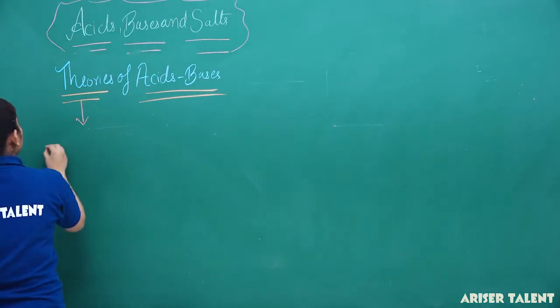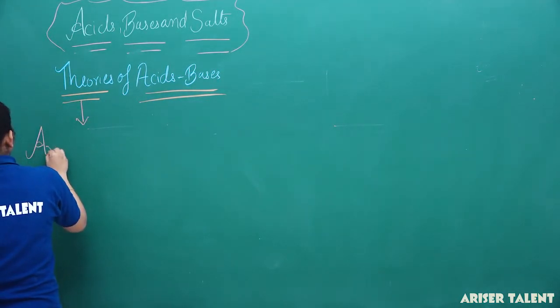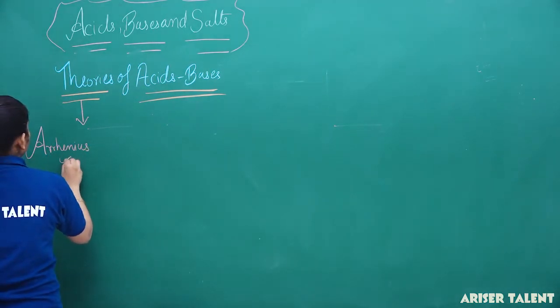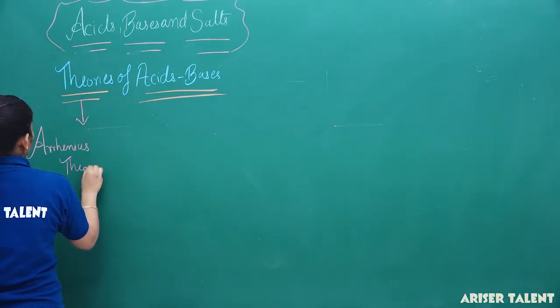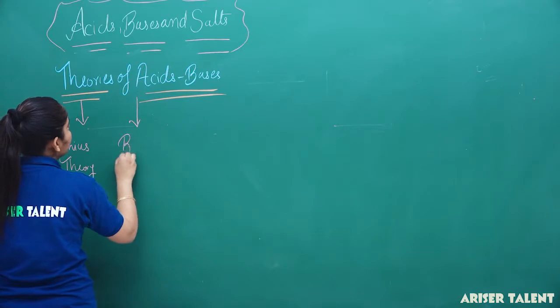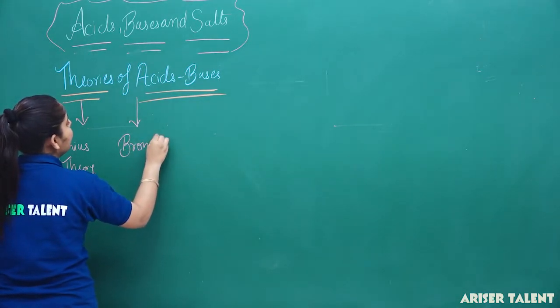Our first theory is the Arrhenius theory. The second theory regarding acids and bases will be the Bronsted-Lowry concept.